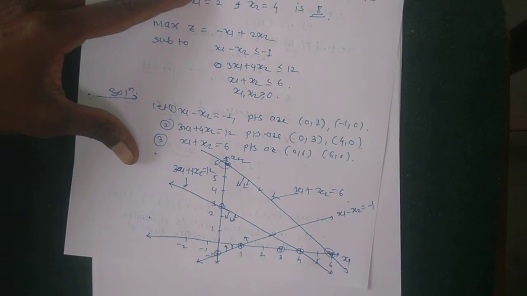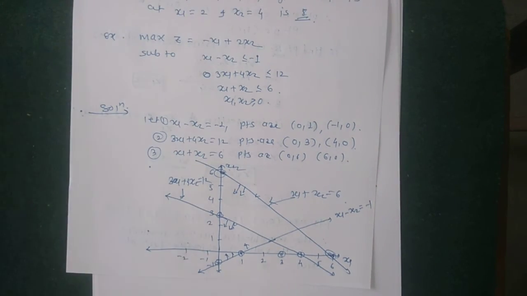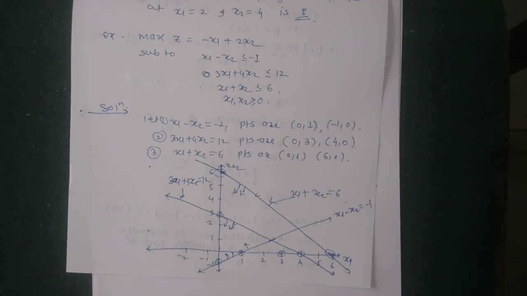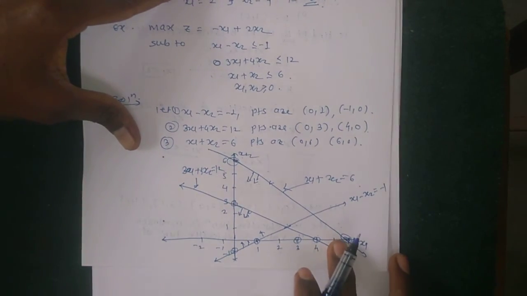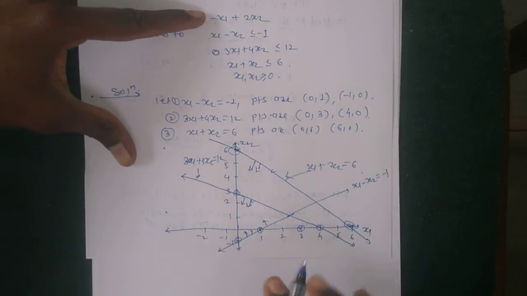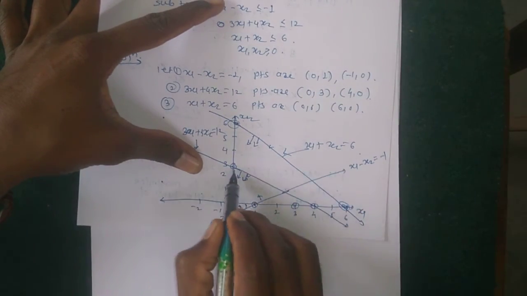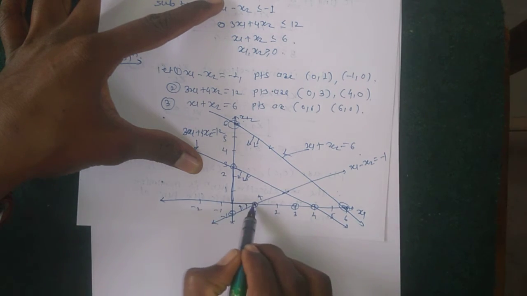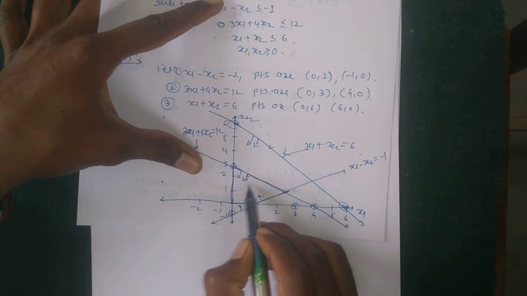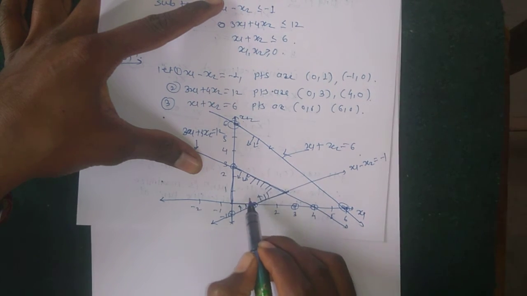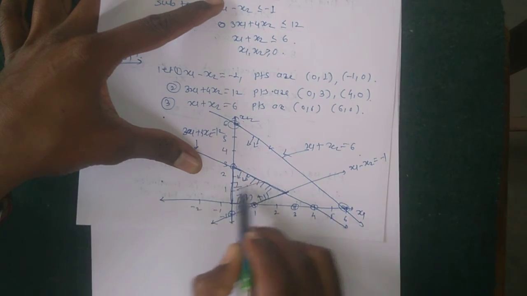Therefore, the condition is the common region of all three constraints. This is the common region of all three constraints, because this common region satisfies all three constraints, and therefore this is the feasible region.